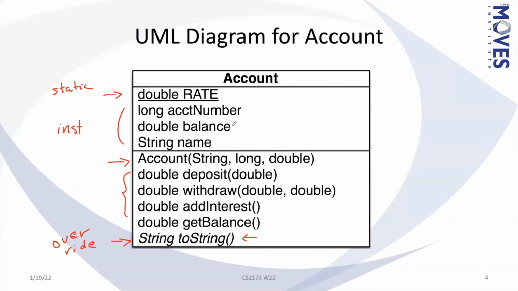And remember, instance variables must be declared to be private. And then these are the constructor, and then instance methods. And these are declared to be public.